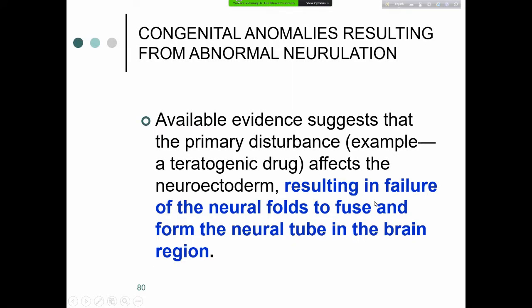If the neural folds do not fuse and the neural tube does not form in the brain region, there will be anencephaly. So the answer is very easy.